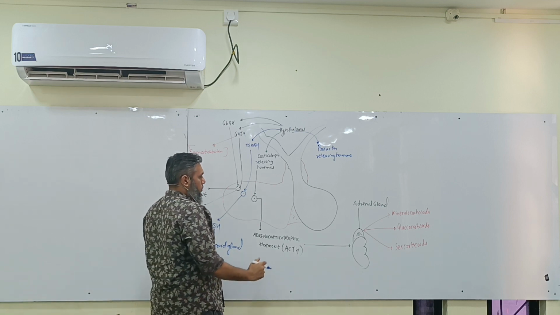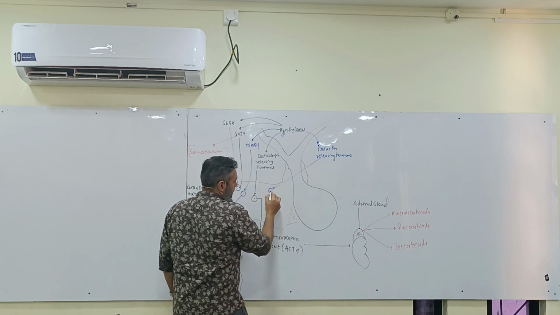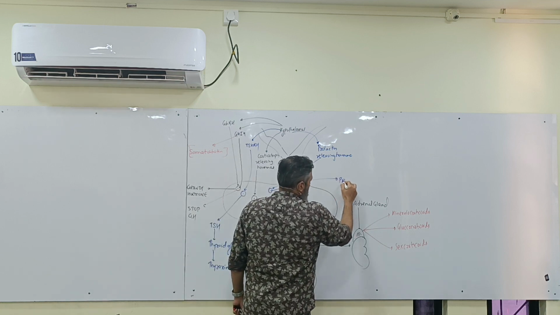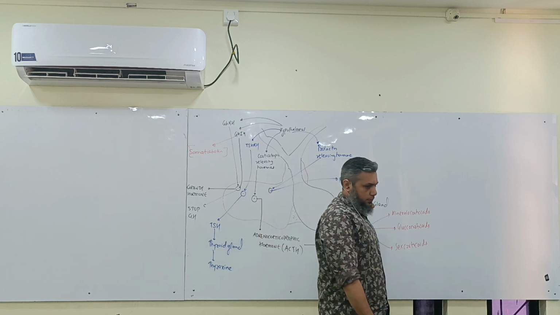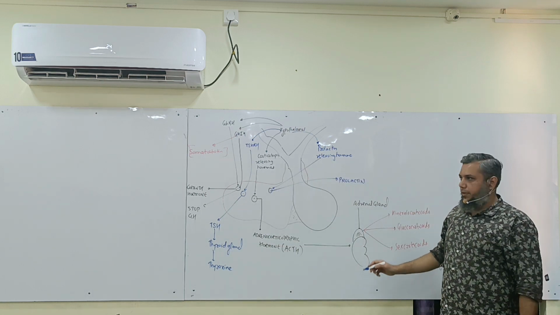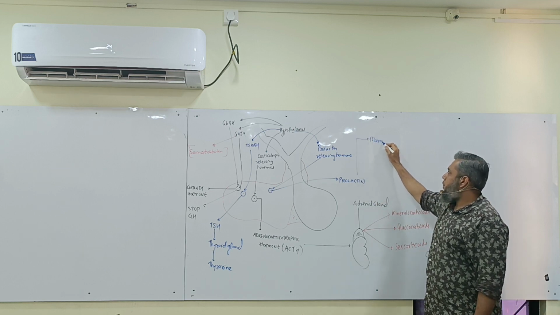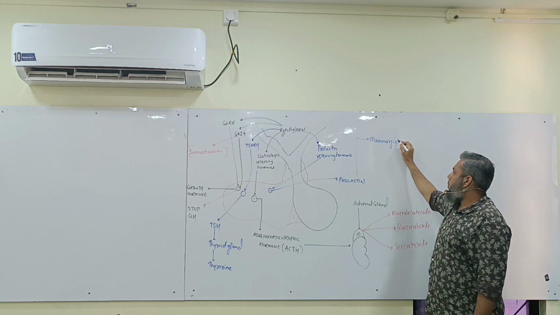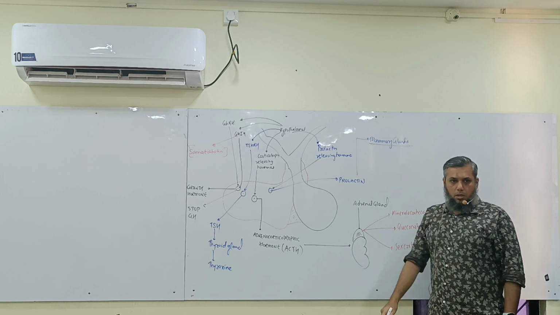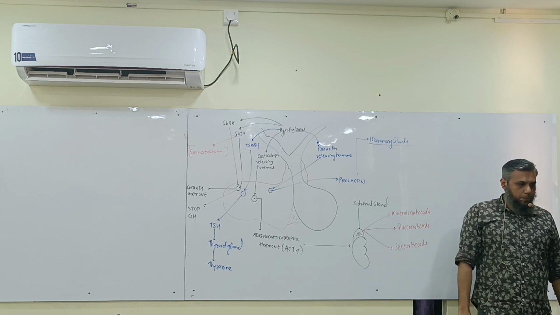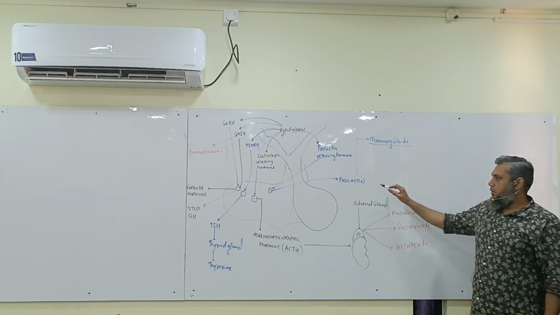Prolactin releasing hormone, which will act on the cells and they will start the secretion of a hormone called prolactin. And the prolactin will act on the human female mammary glands. Okay, it will act on the female mammary glands.